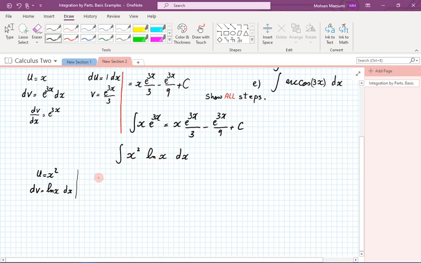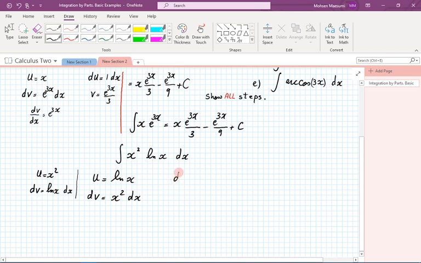There are many options here, but let's see. If we take u to be logarithm of x and dv is taken to be x squared dx, well, when I calculate du and when I calculate v, I come across expressions that are all easy for me to handle.